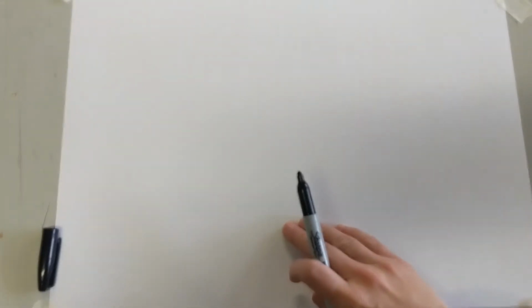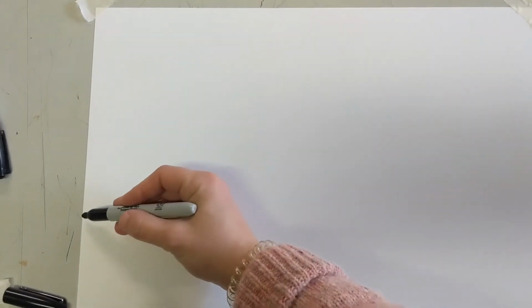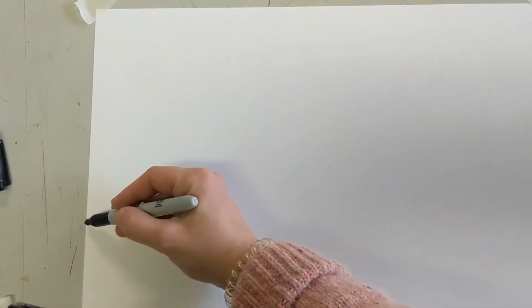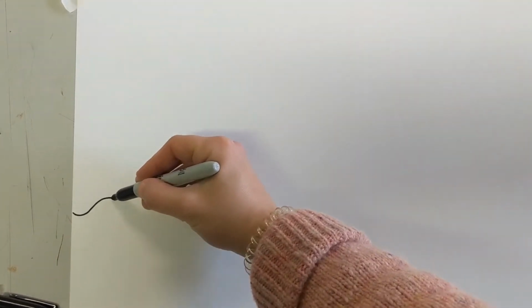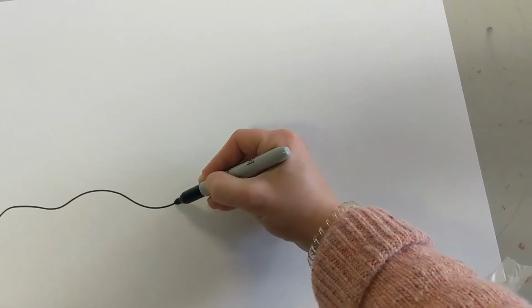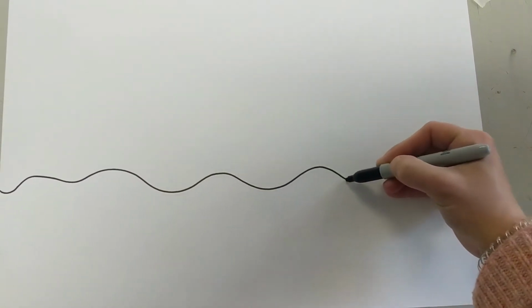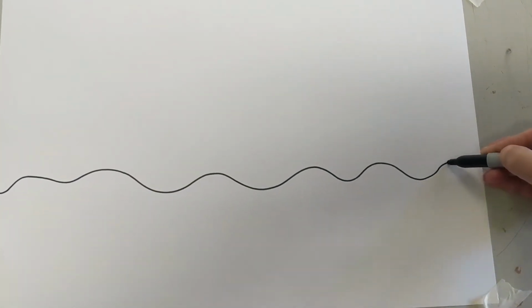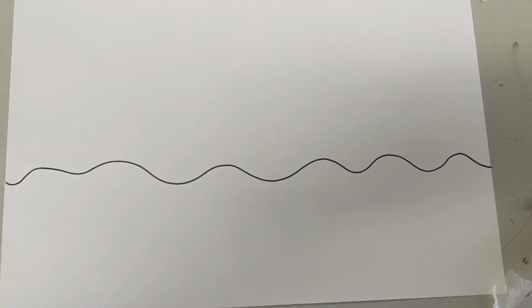Okay, so only using wavy lines, we are going to draw a desert landscape, a desert habitat. So you're going to be using wavy lines. When you are using your pen or your pencil, I want you to think about using a wavy line. Now we're not using a straight line and it's not a zigzag, it is a wavy line.